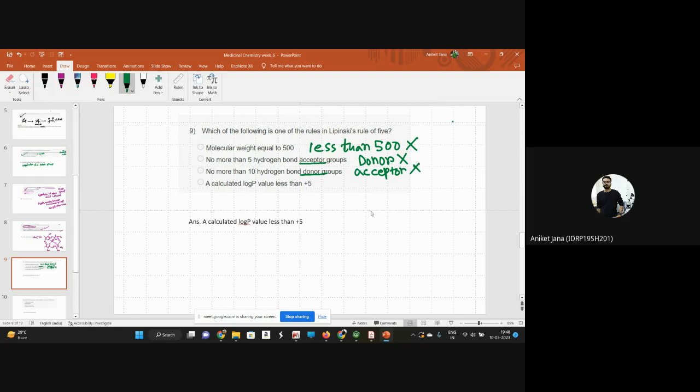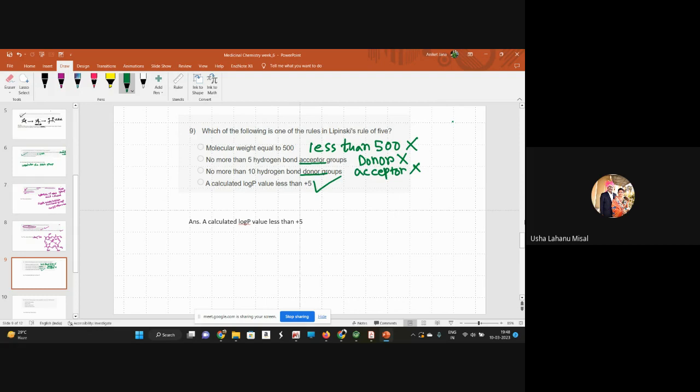So definitely the fourth one is our answer. It follows the right Lipinski rule: a calculated log P value less than plus 5.